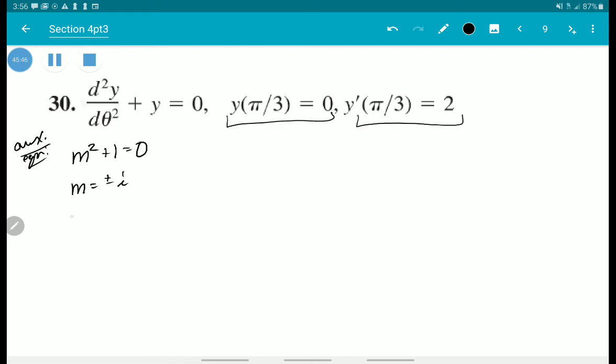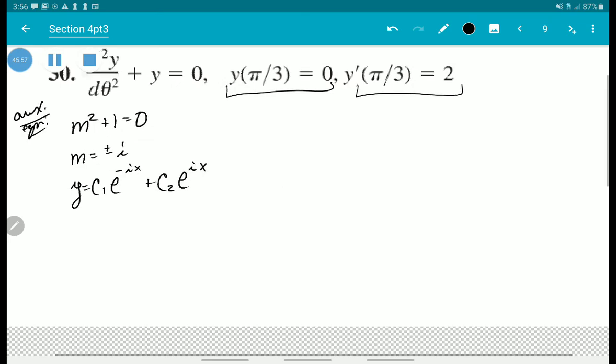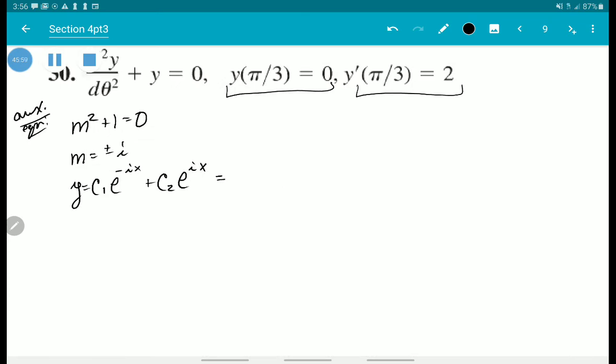So our solution is going to be y equals c1 e to the negative ix plus c2 e to the ix. And you can think about Euler's. So this is going to be c1 times cosine of negative x plus i sine of negative x plus c2 times cosine of x plus i sine of x.